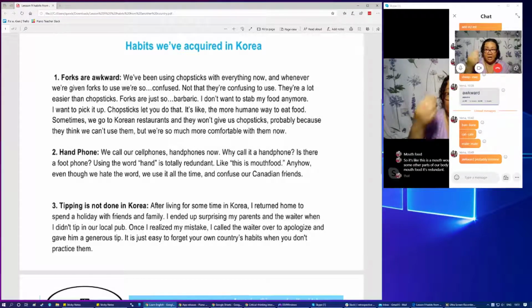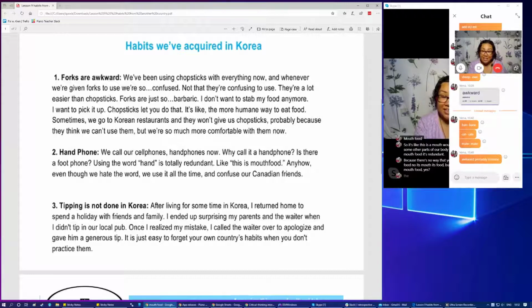Is there an eye food or an ear food? No, it's mouth. It's food. But some people will say mouth food, but it's redundant because it's really the mouth that eats the food.